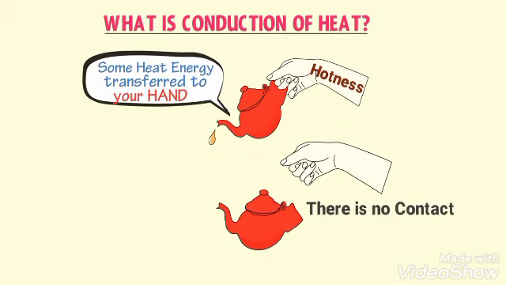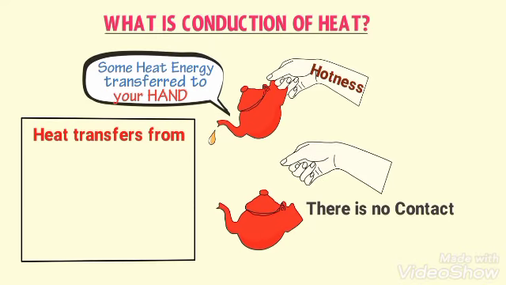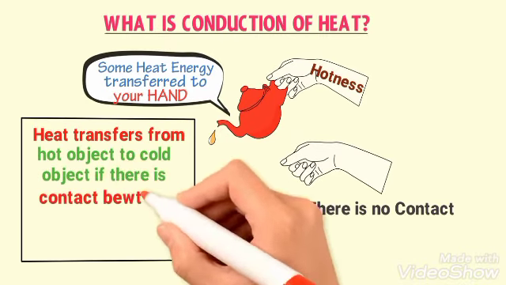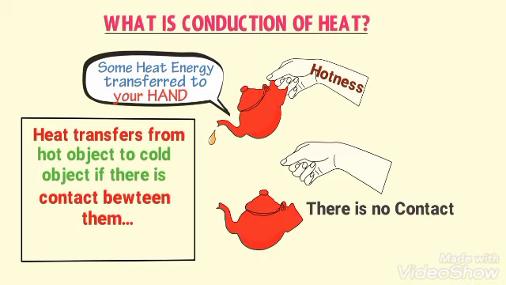There is no contact between your hand and this hot object. So from these two cases, we learn that heat only transfers from a hot object to a cold object if there is contact between them. Or in physics, we say that flow of heat or transfer of heat requires a medium.